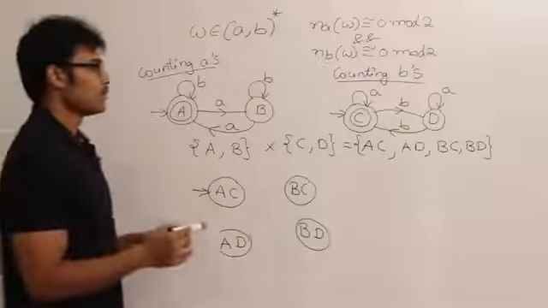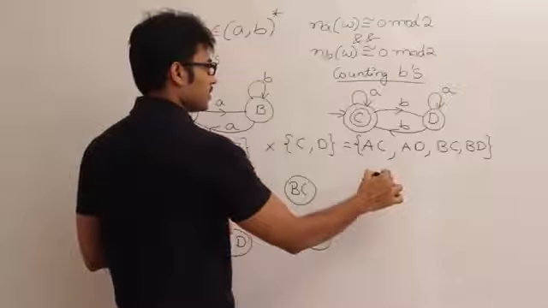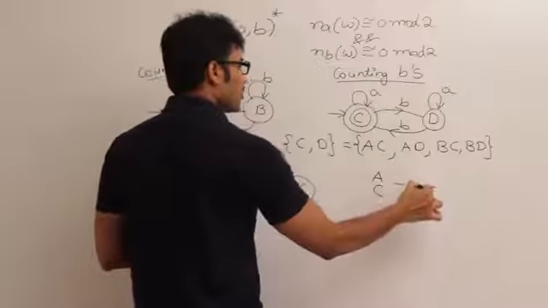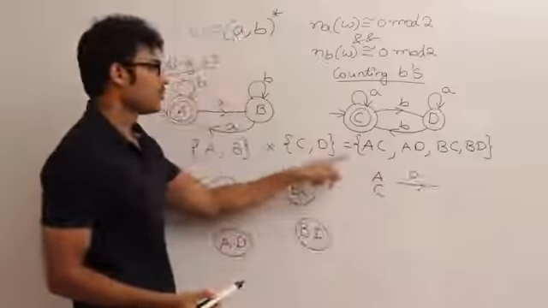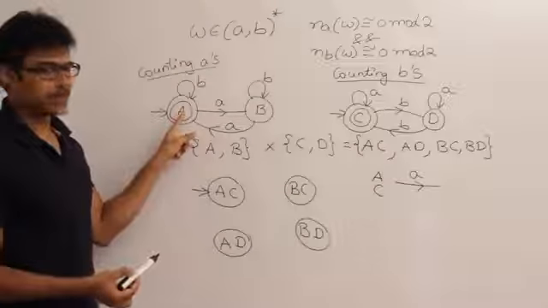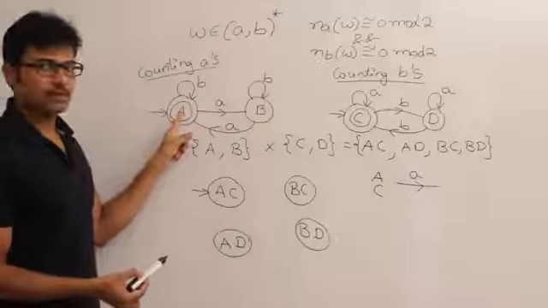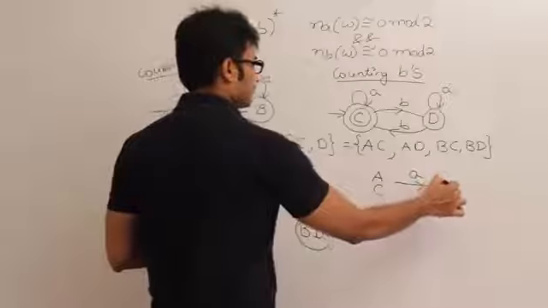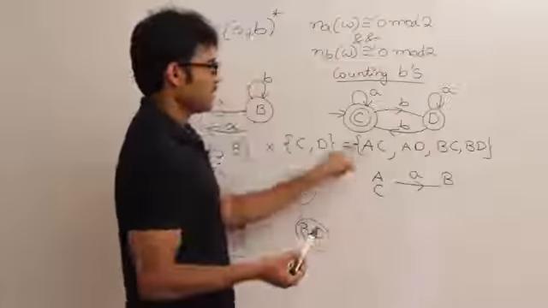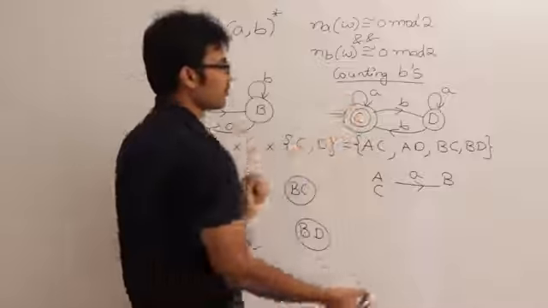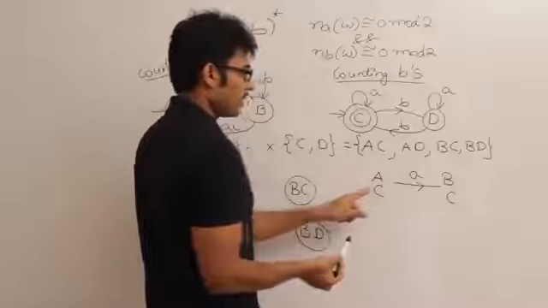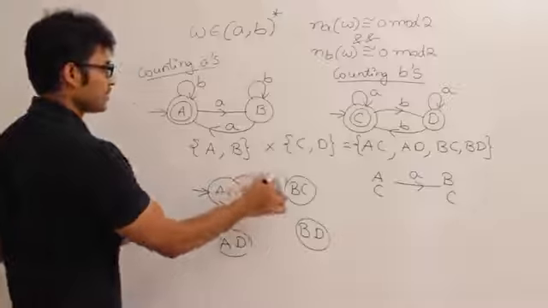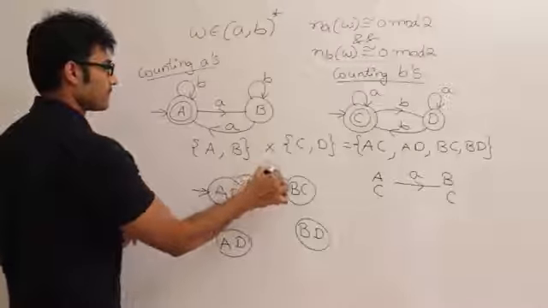For example, what is the transition of AC on small a? To know this, go to the original diagram and see what A is doing. Capital A on small a goes to capital B, and capital C on small a goes to capital C. Therefore AC on small a goes to BC.